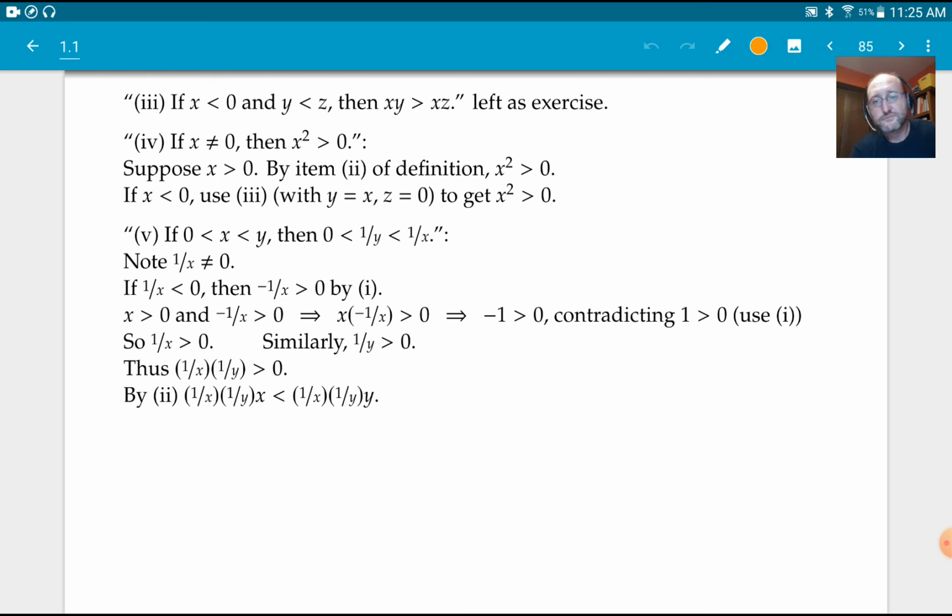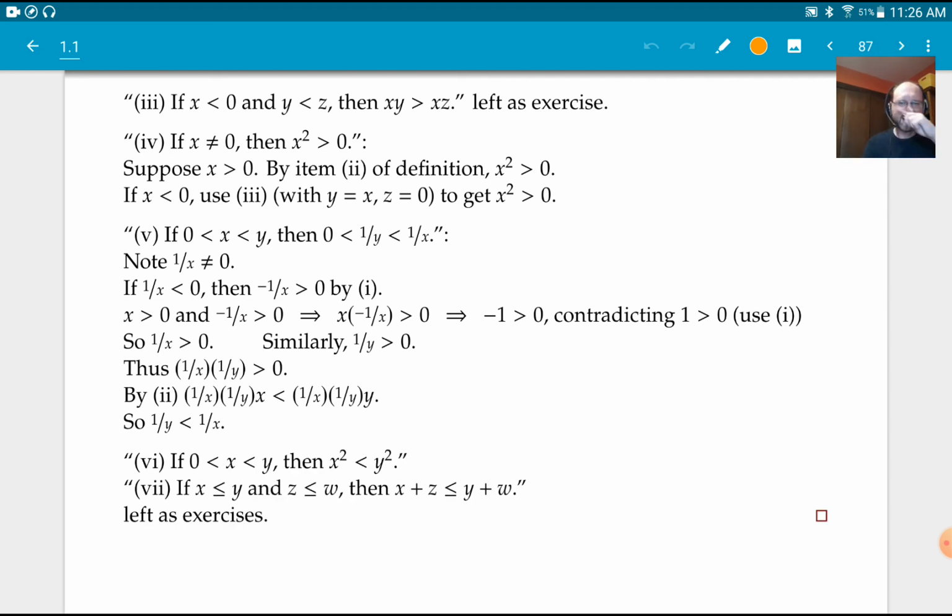So we have x is less than y, so I can multiply both sides by 1 over x times 1 over y, and I get this inequality by part 2 of the proposition. And we do a little bit of algebra, and you find that what's left is 1 over y is less than 1 over x. Now, the last two elements are again exercises. These are all equally trivial.